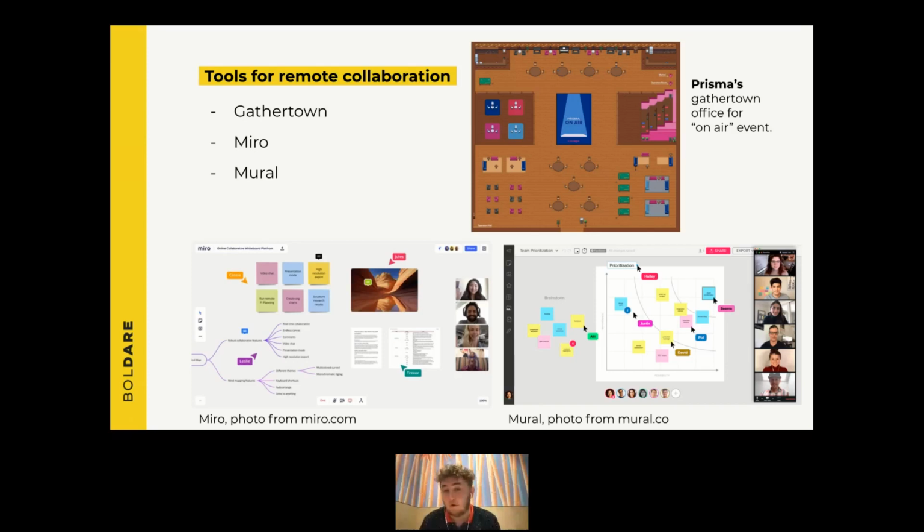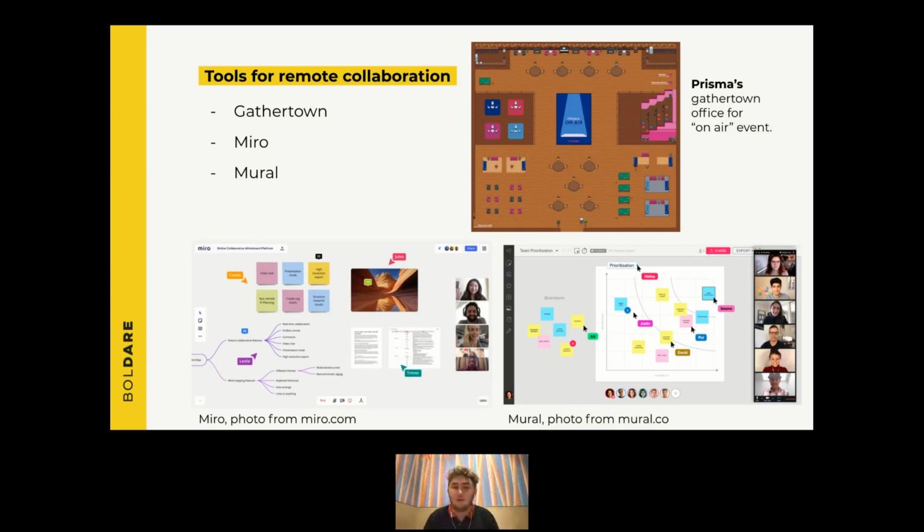Prisma used it for an on-air event, and it worked beautifully. And then our team also adopted it internally, just to spend the entire work day in this little area that is a mapping of a physical office into this online space. So you have your office, but open in a Chrome tab.